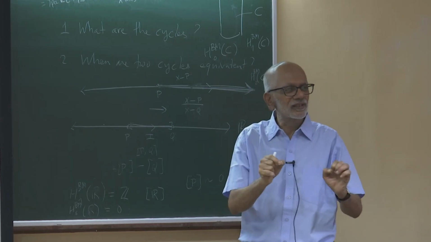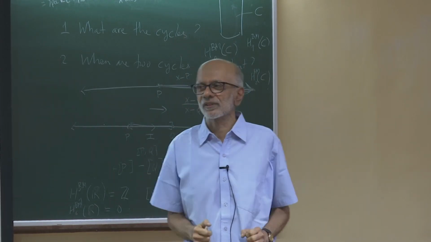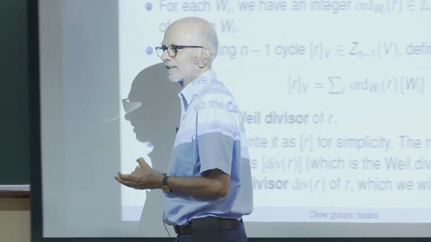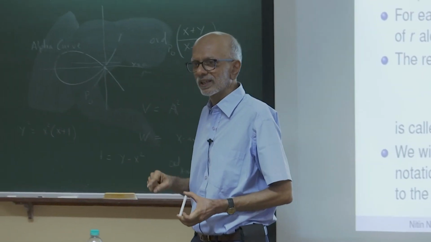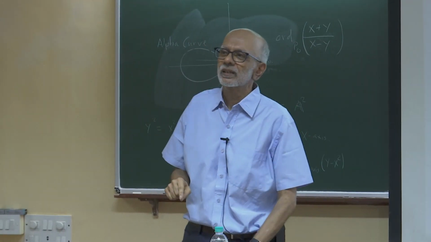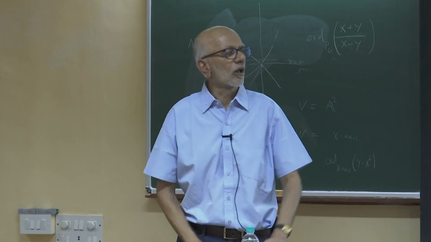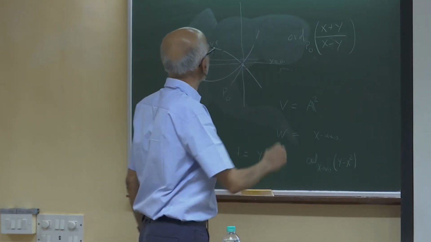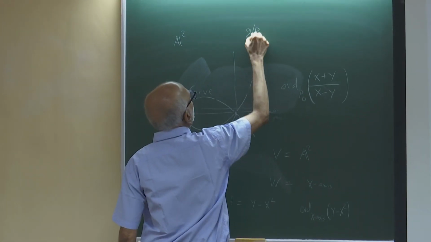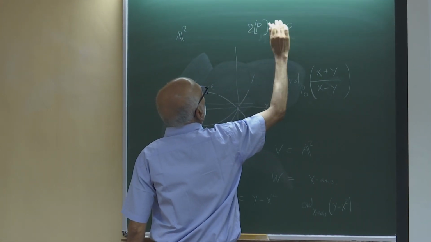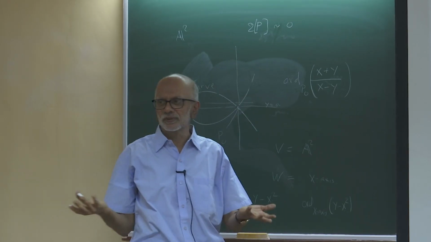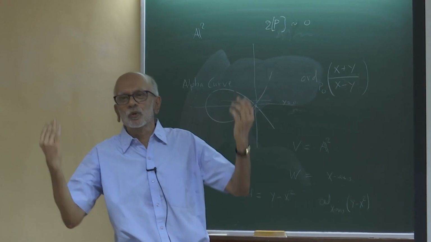So this equivalence is going to come out of rational functions. And so from a rational function, we have to have a method to go to a cycle. And then say that the cycle associated to the rational function is equivalent to 0. And how did we do it here? We looked at the pole, we looked at the 0. Why is 2p equivalent to 0? Well, you might say, since I want my equivalence to form a group, take the group generated by it.